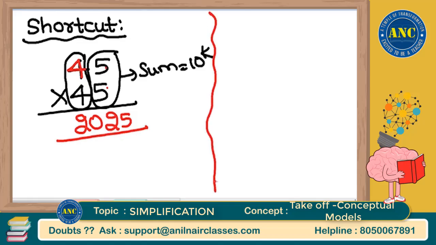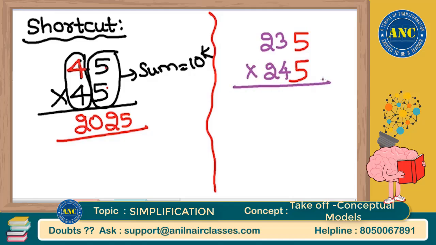Now I taught you this concept. Suppose for example, again there are two numbers which are ending with 5. Listen carefully, sir. Suppose for example, I have 235 into 245. What is the difference between these two numbers? Difference between these two numbers is 10, provided the numbers are ending with 5.